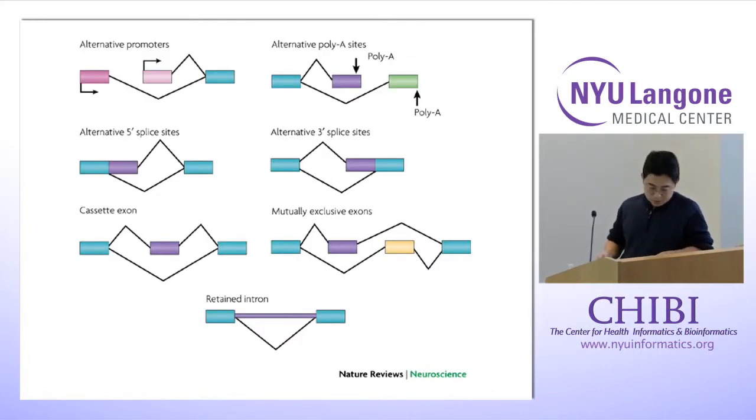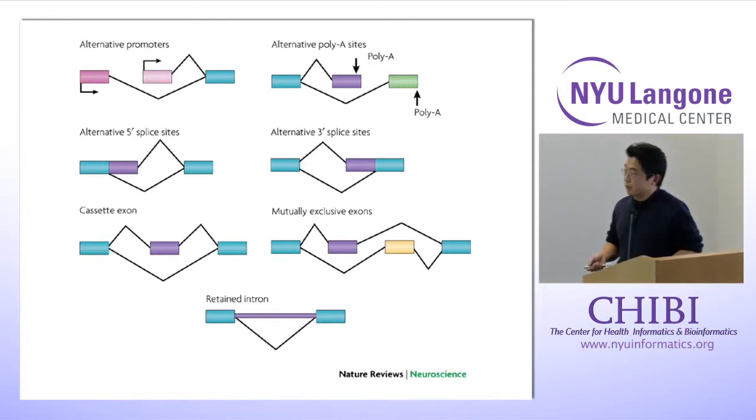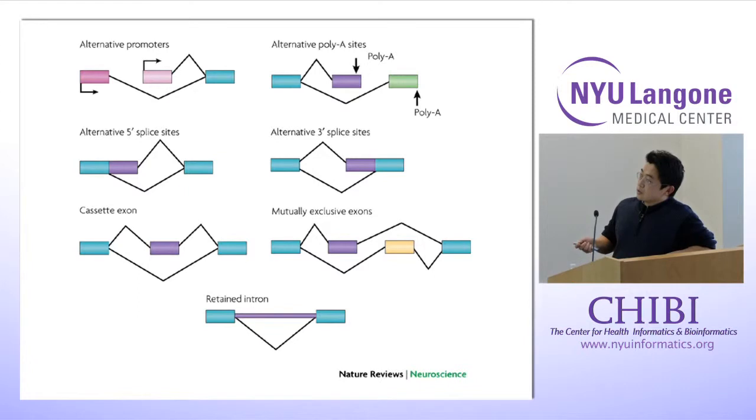Besides the wide range of expression, the splicing forms of the transcript also make transcriptome profiling more difficult. This is a simple cartoon of the different splicing forms. You have alternative promoters, alternative polyadenylation sites, alternative splicing sites, skipping exons, exon cassettes, mutually exclusive exons, and an intron can be retained in the transcript.